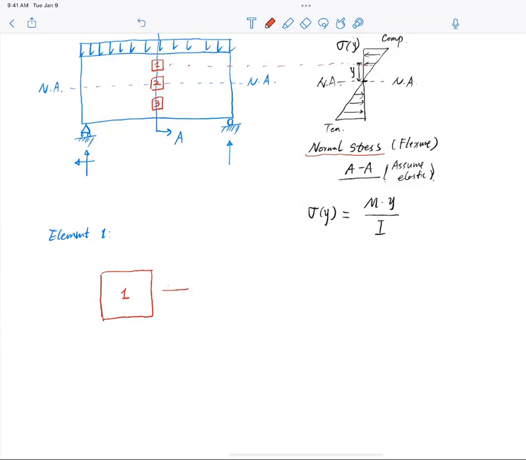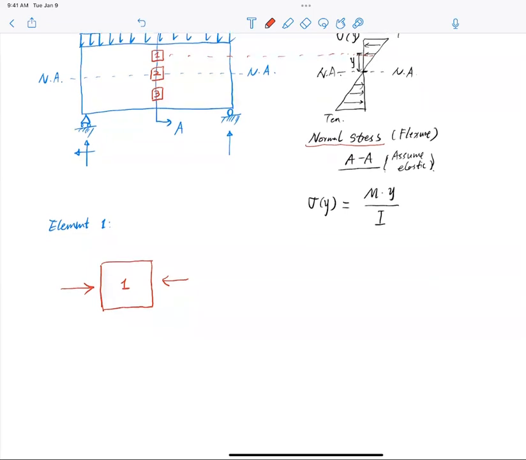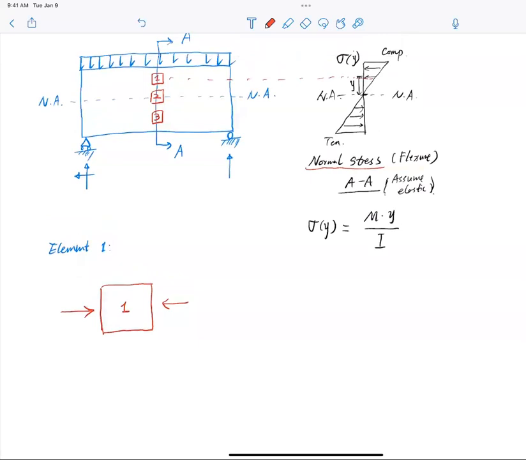I have compression on the top, so equilibrium dictates that I need another compressive stress coming from the left side. So this is the compressive stress for element number 1 in the normal direction. Let me write it down: this is normal stress, sigma, and I call it 1 because this is element 1.